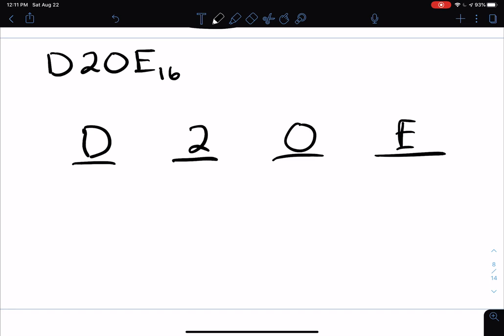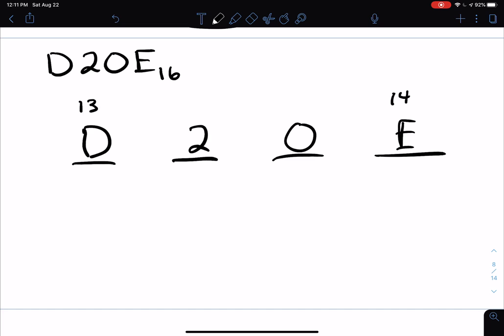Base 16, remember, A is 10, B is 11, C is 12, D is 13, E is 14, and F is 15. Then you stop there because base 16 just needs to go 0 through 15. As soon as you hit 16, you're going to have an additional place value, and then you can use 0 through 15 again.